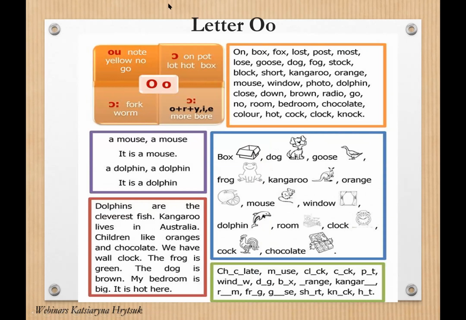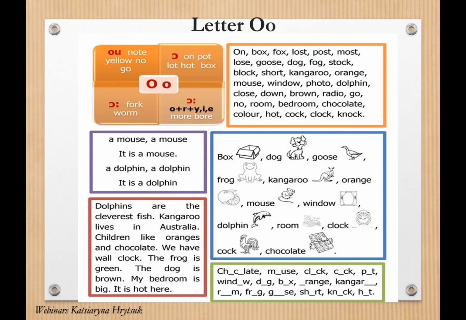Lera, can you help me, please, to read these examples? Dolphins are the cleverest fish. Kangaroo lives in Australia. Children like oranges. Open the mouth.